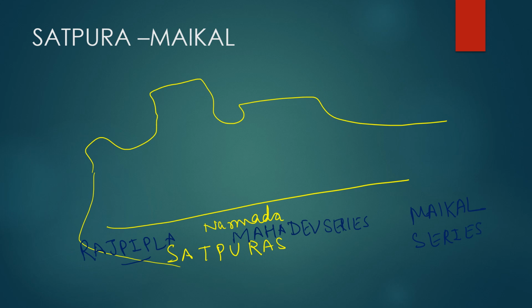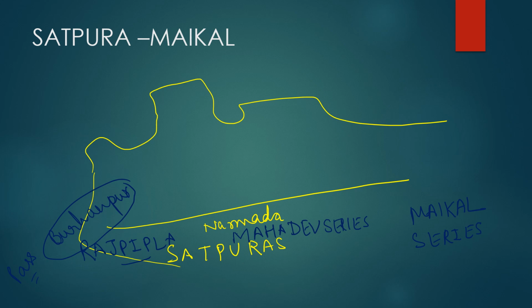Firstly, we have Rajpipla. This is on the westernmost side of the Satpuras. And we have the Gateway of South. There is a hill which is Burhanpur. Burhanpur works as a pass. As we have heard about various passes in North India, similar to them, there are passes in Madhya Pradesh also.